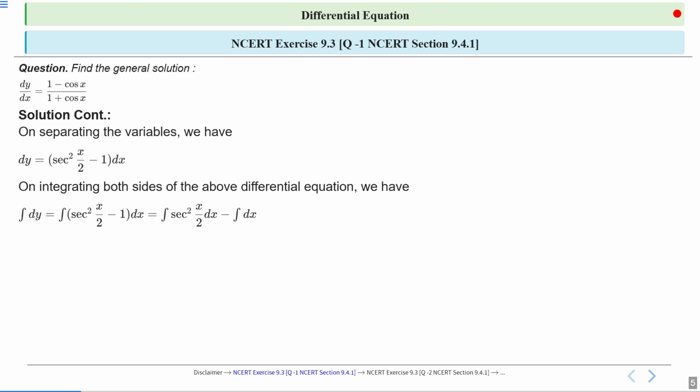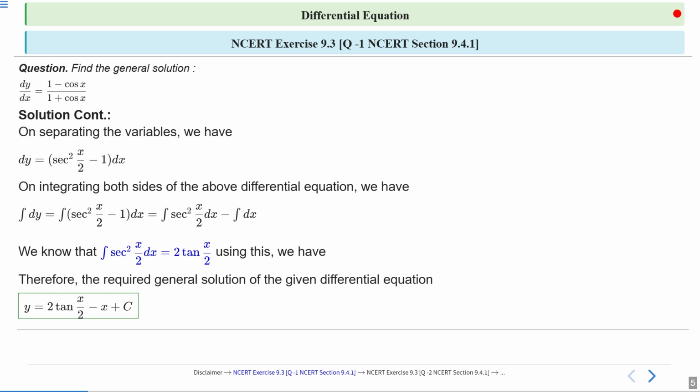Separating the integral sign, integral sec square x by 2 dx minus integral of dx, and we know that integration of sec square x by 2 is 2 tan x by 2. So the integration of dy is y, and integration of sec square x by 2 is 2 tan x by 2, and integration of dx is x plus constant of integration c, and that is your required general solution of the given differential equation.